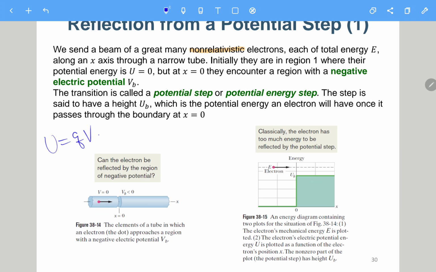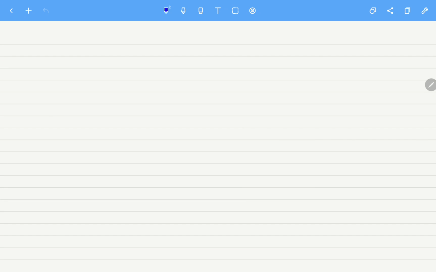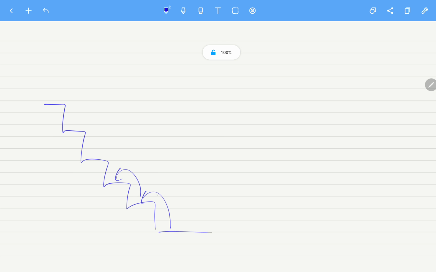Okay, so for classical mechanics, suppose you walk upstairs. So there may be a staircase. Suppose you don't take the elevator, and you need to walk up from the front door to the first floor. As long as your foot is higher than the step, you will not be blocked by the stair.